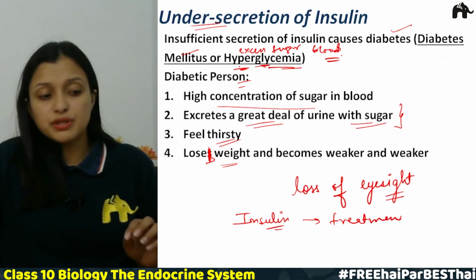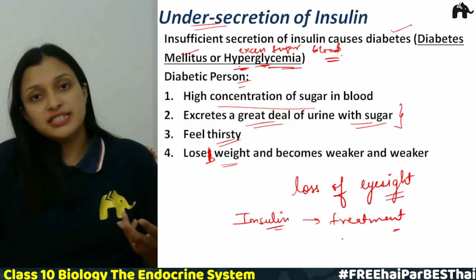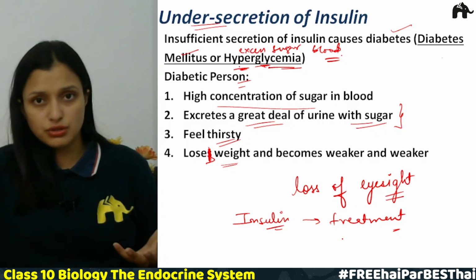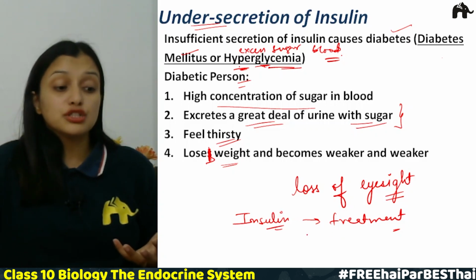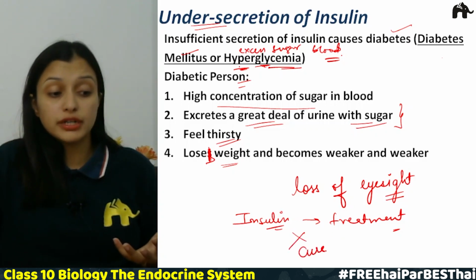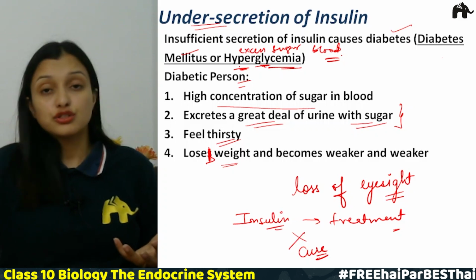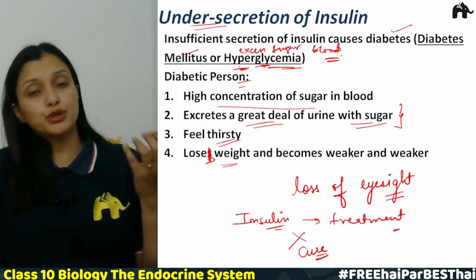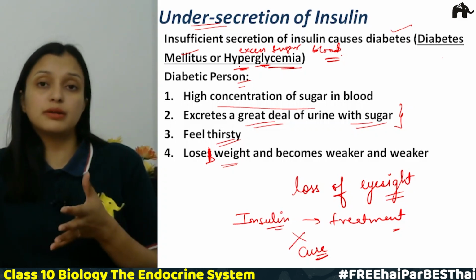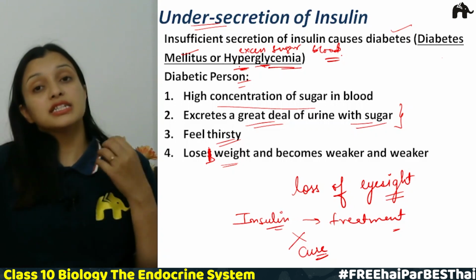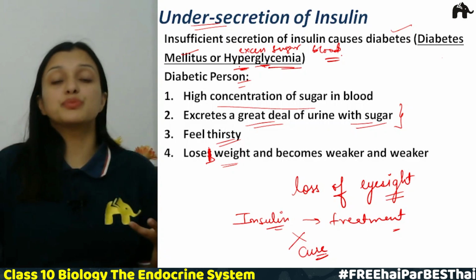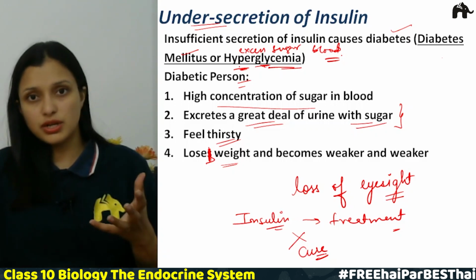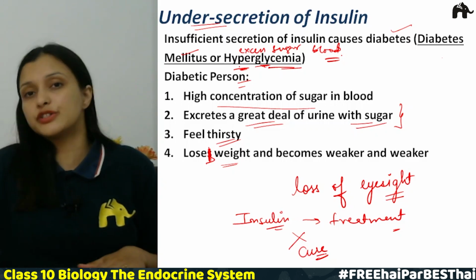Because that person's body is not producing insulin, we just provide insulin to that person, but it is not at all a cure. When you give insulin injections, that doesn't mean that his pancreas, the beta cells, will start producing insulin hormone. Okay, so that is just a treatment.